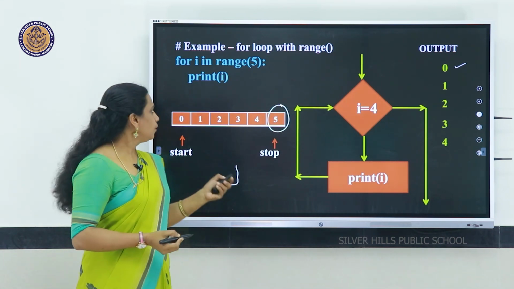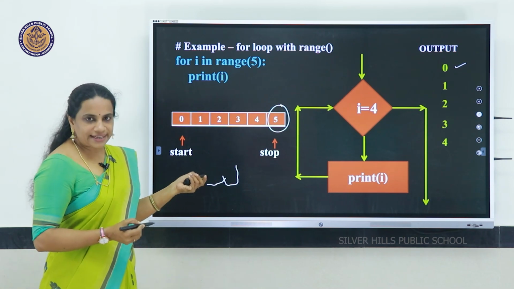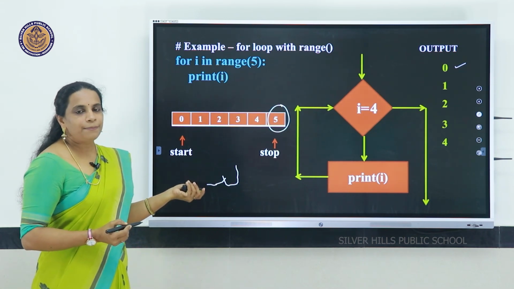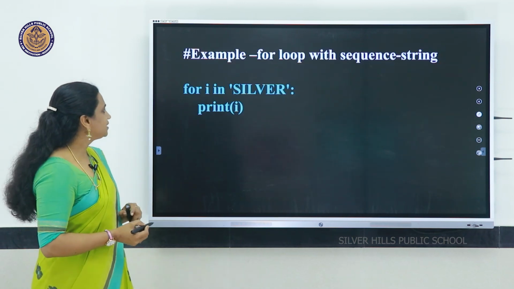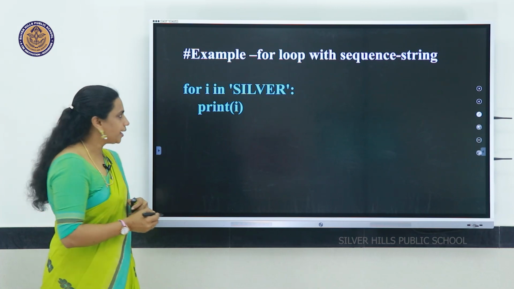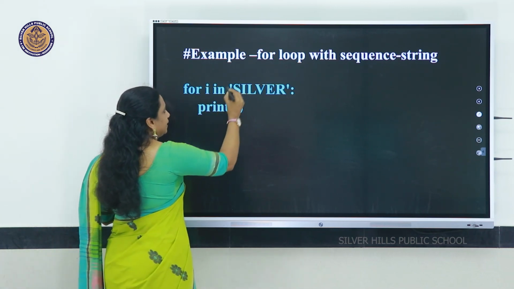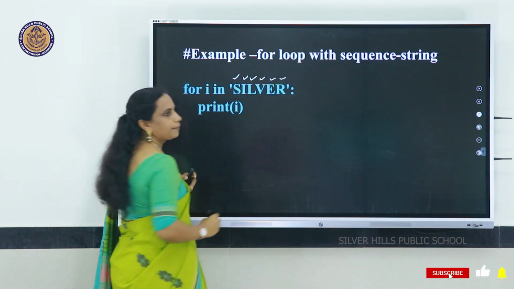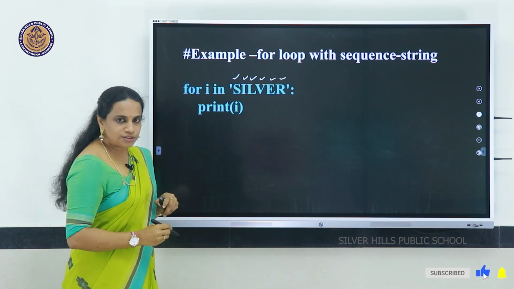Now, let us see one example for list, tuple and string, that is, a sequence. Just to go through this example: for i in "silver", print i. Each iteration of i is S, I, L, V, E, R. What will be the values printed?